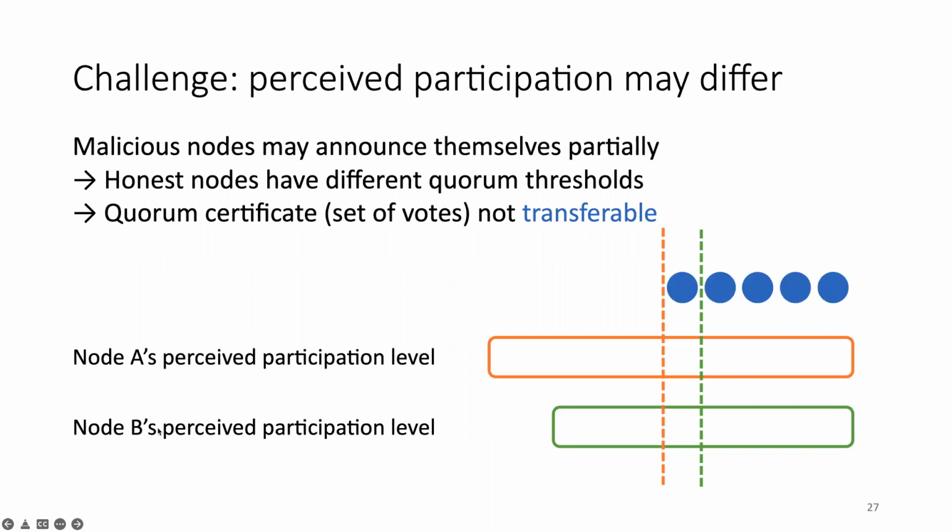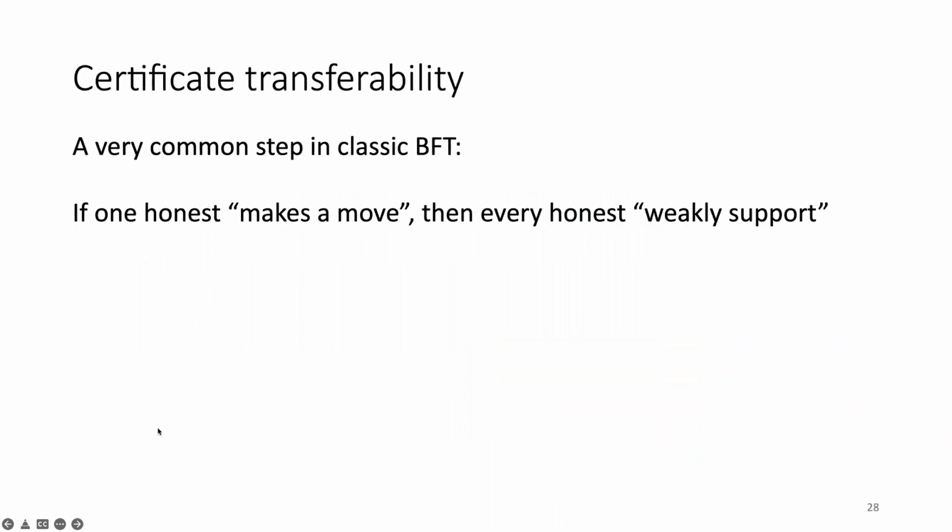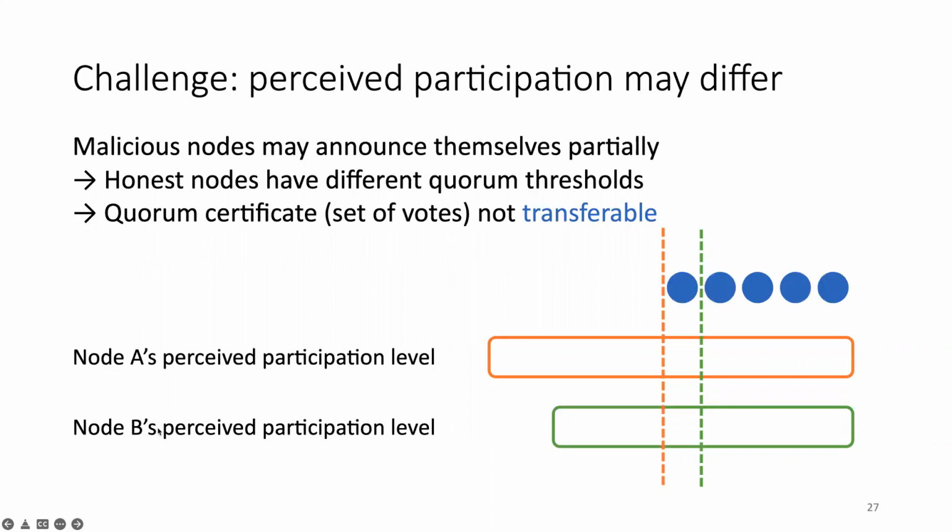Meaning that if I, the green guy, received 5 votes, then I would say 5 votes is a quorum, because it just narrowly exceeds my perceived half of the participation.